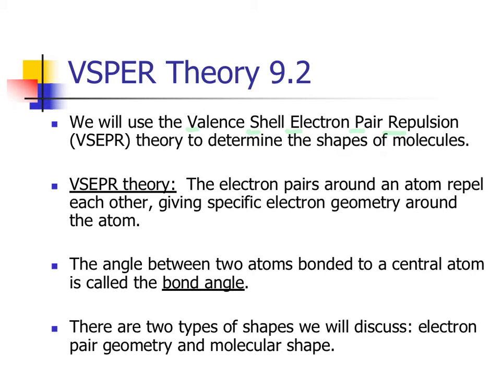There are 2 types of shapes. The electron pair geometry, that's kind of the Lewis dot structures that we were drawing before, and the molecular shape. The molecular shape is just what the molecule looks like.